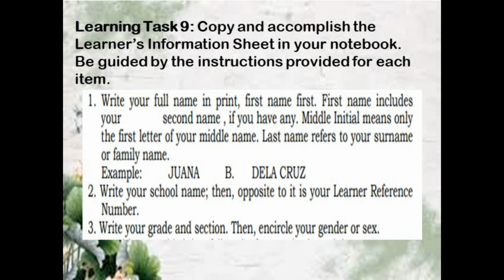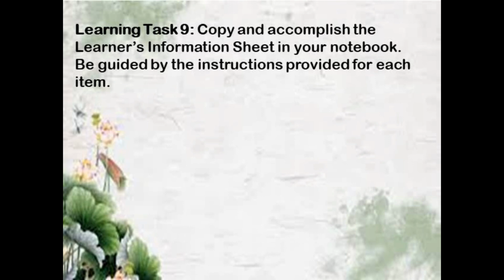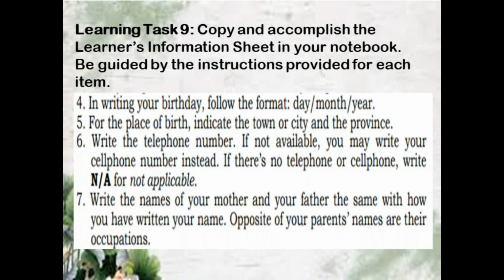2. Write your school name. Then, opposite to it is your learner reference number. 3. Write your grade and section. Then, encircle your gender or sex. 4. In writing your birthday, follow the format: day, month, year. 5.